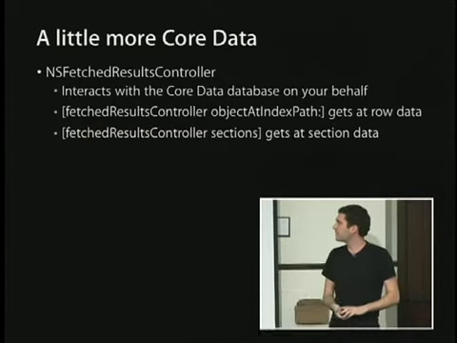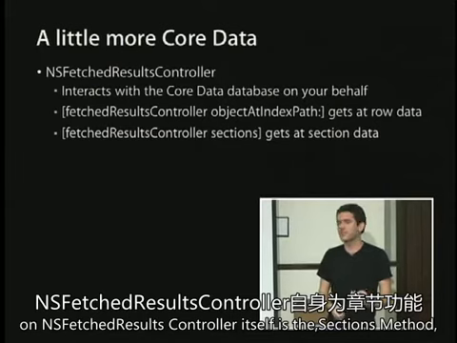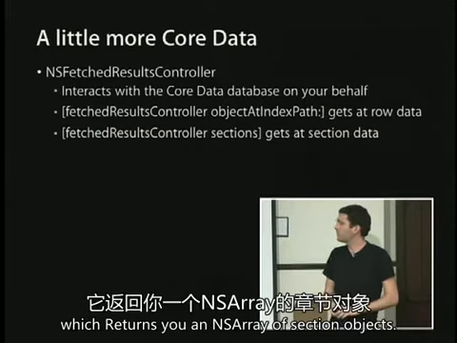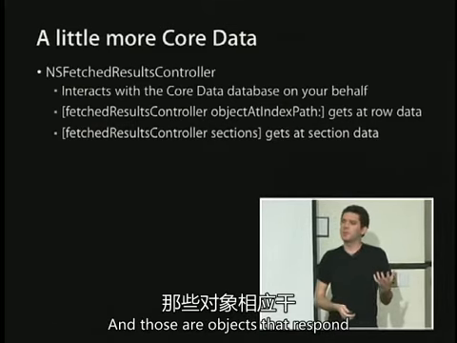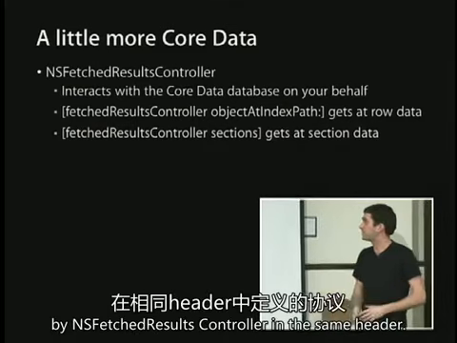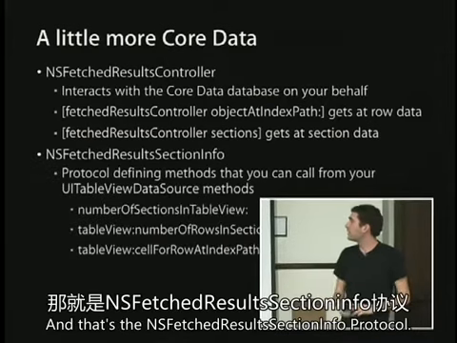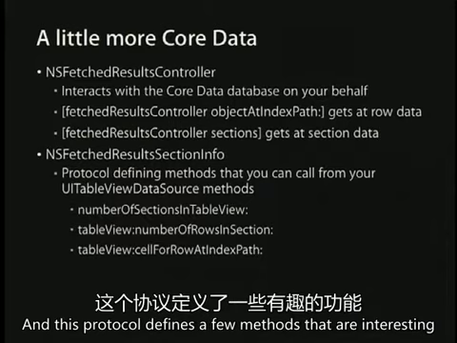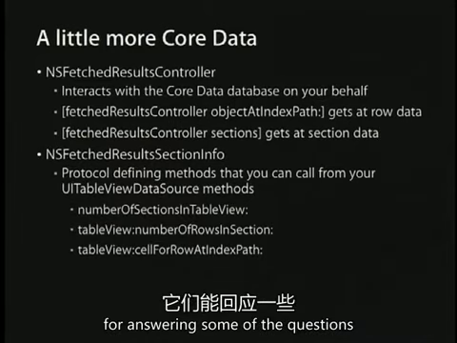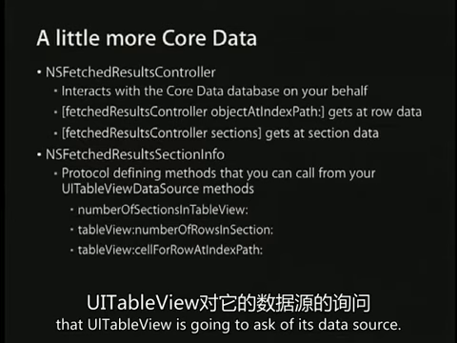And then the second interesting thing on NSFetchedResultsController itself is the sections method, which returns you an NSArray of section objects. And those are objects that respond to another protocol defined by NSFetchedResultsController in the same header. And that's the NSFetchedResultsSectionInfo protocol. And this protocol defines a few methods that are interesting for answering some of the questions that UITableView is going to ask of its data source.